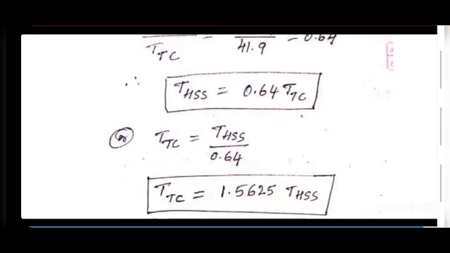Tool life of HSS is 0.64 times tool life of TC. In other way, you can write T suffix TC, the tool life of tungsten carbide, is equal to tool life of HSS divided by 0.64. So tungsten carbide tool life is 1.56 times HSS tool life. Almost, tungsten carbide is giving 56% more tool life compared to HSS tool.